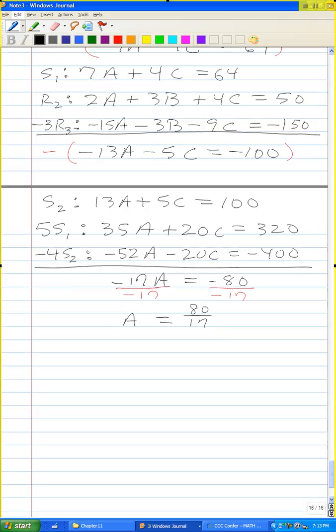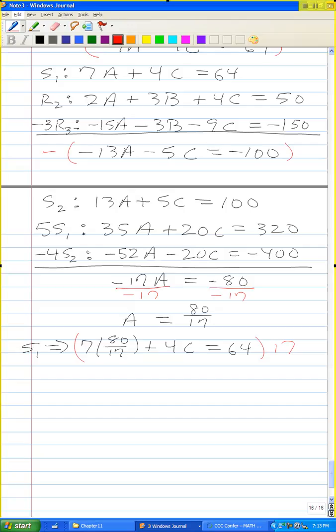And so let's figure out what, doesn't really matter in this case since none of them are very nice numbers, but maybe I'll do S1. So 7A plus 4C equals 64. Multiply both sides of my equation, I guess, by 17. That'll at least get rid of my fraction.